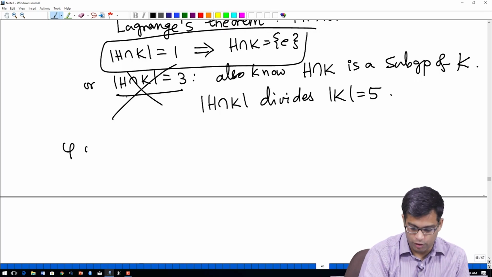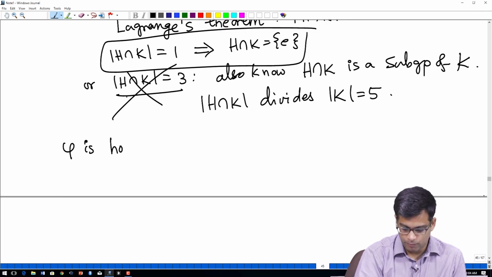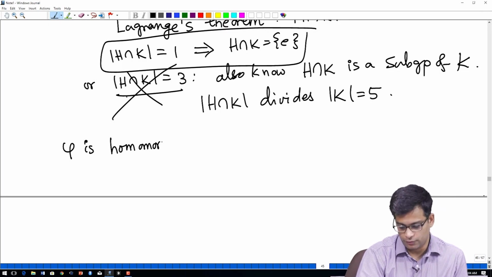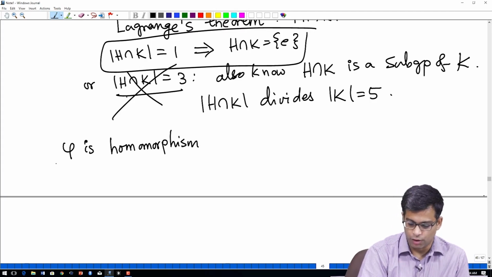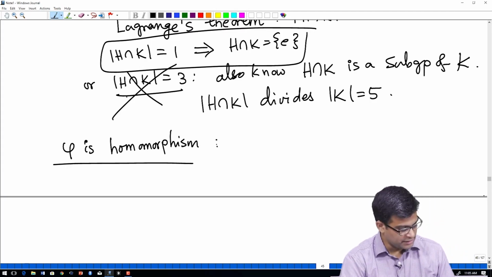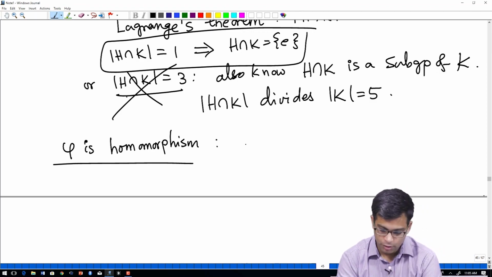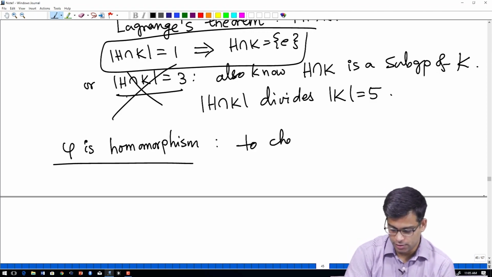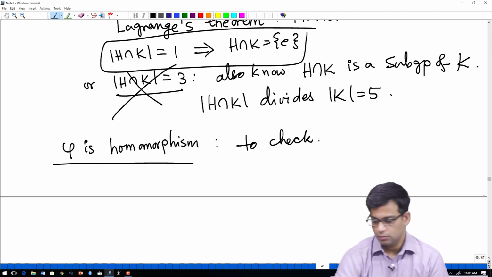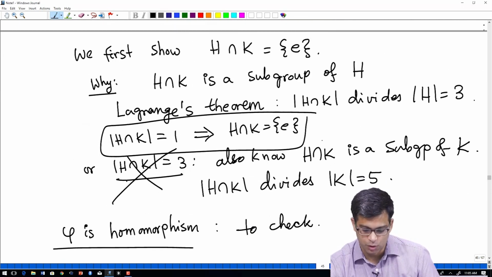Now let us show one by one that it is a homomorphism, then it is one-to-one, and then it is onto. Why is it a homomorphism? What do we need to check to show something is a homomorphism?